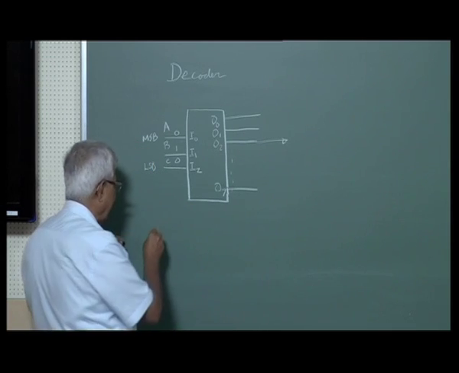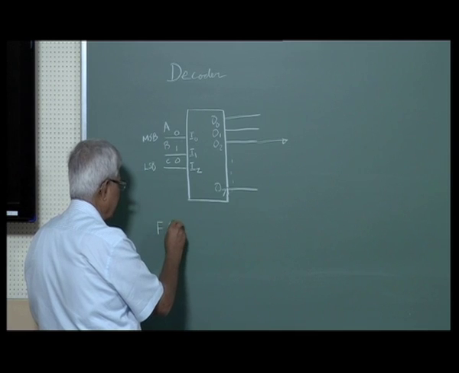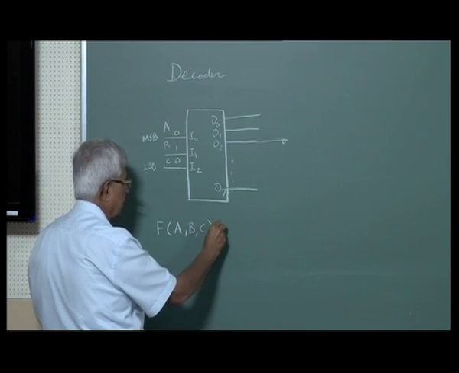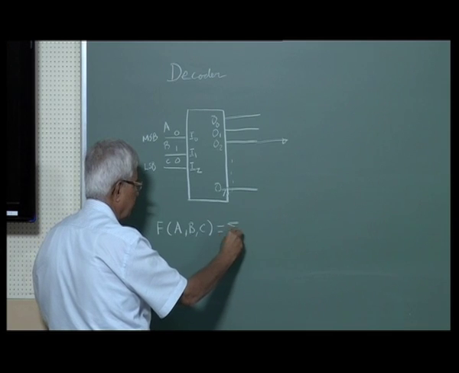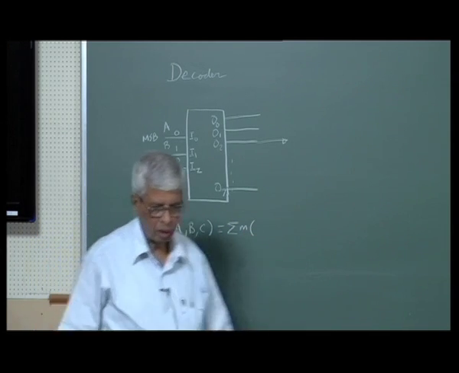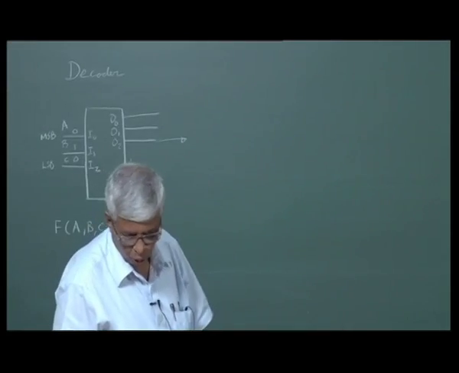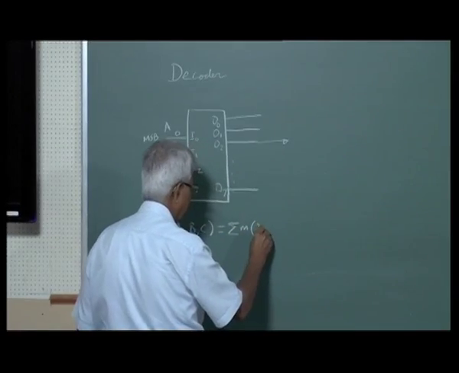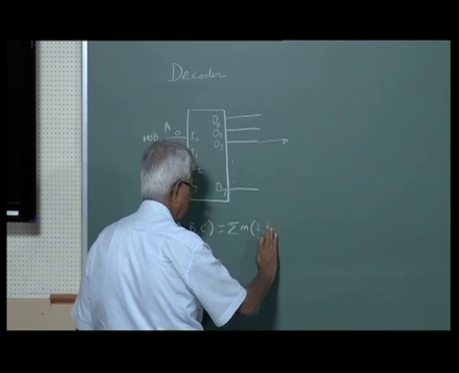Suppose I have a function of ABC which is given by min terms, let us say 2, 4, 6, 7, anything arbitrarily.